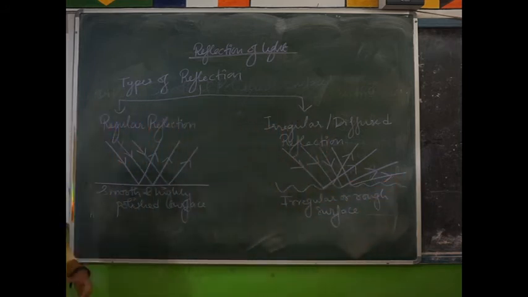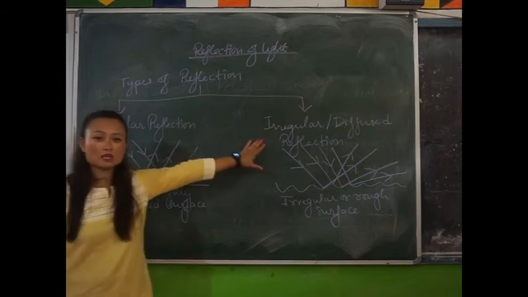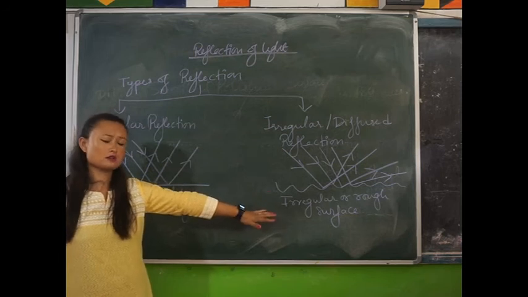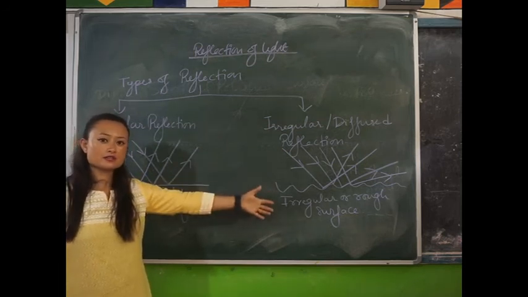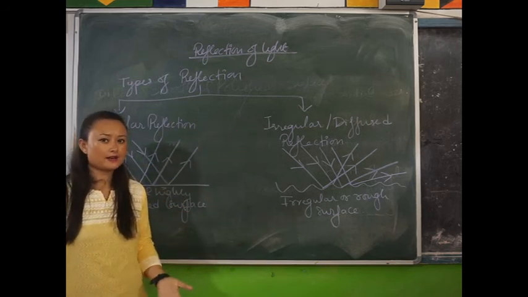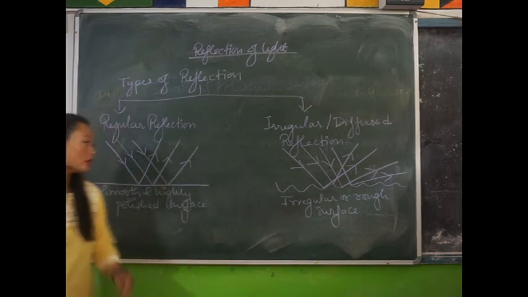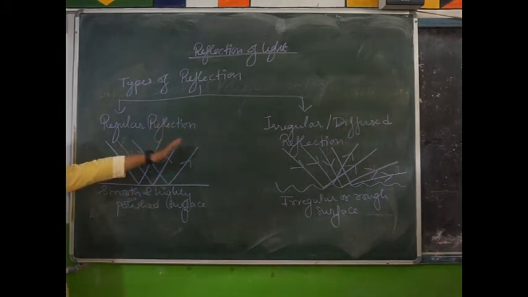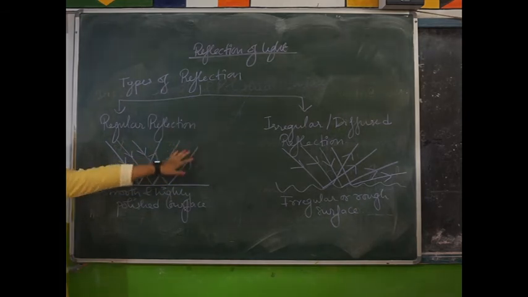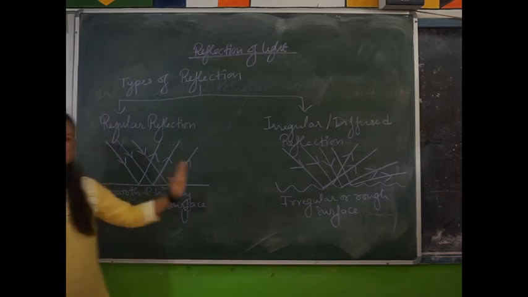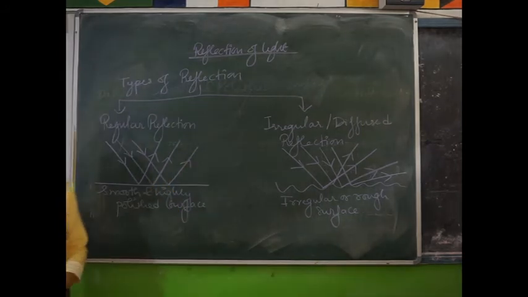They don't have a pattern, they just move randomly. So irregular reflection means when a ray of light falls on a rough or irregular surface, and the reflected rays go in all directions. They spread around and don't follow a regular pattern. Whereas in regular reflection, the beam of light which falls on the surface returns back in a very arranged manner. So this is the difference between regular and irregular reflection.